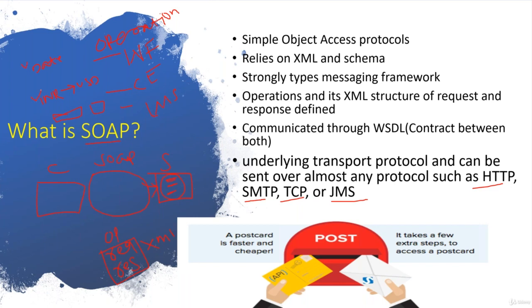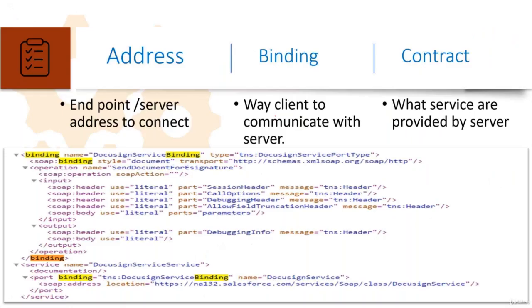To process operations, we have to pass the request in a format. What format are they going to accept? The operations and the XML structure of the request and response have to be defined in the SOAP. For example, if you remember, I was showing this one. This is one kind of SOAP XML file. You can see what operations I am going to provide.